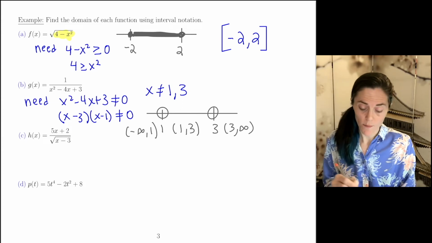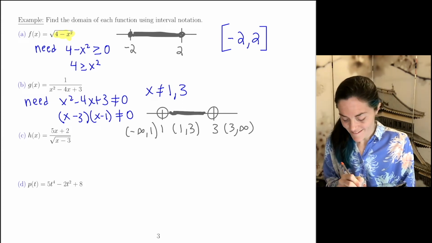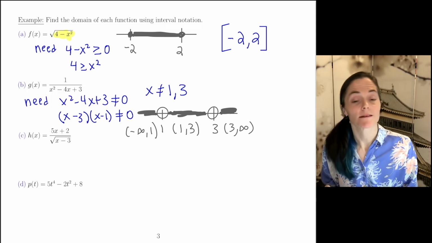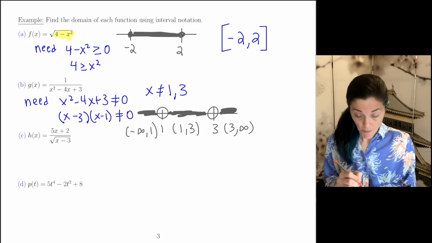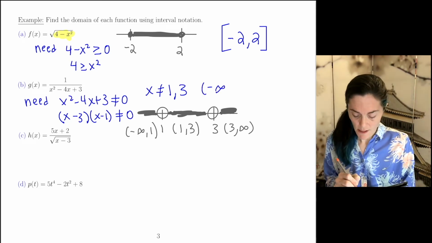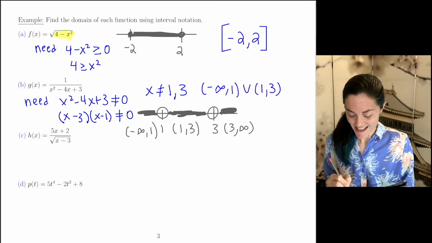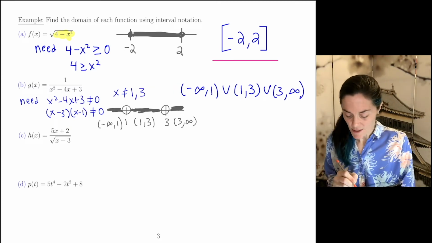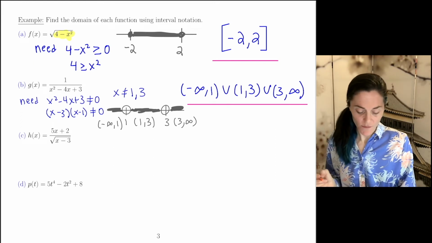This is not in our domain. We want this part, and this part. And now we can write this. We're ready. This would be minus infinity to 1, union 1 to 3, union 3 to infinity. Here's answer for A and answer for B.